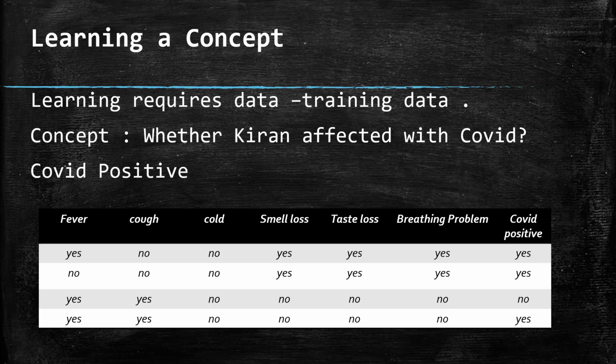All these are binary features taking yes or no. And based on that, we have COVID positive yes or no. Out of 4 examples, 3 have yes. These 3 are called positive examples.